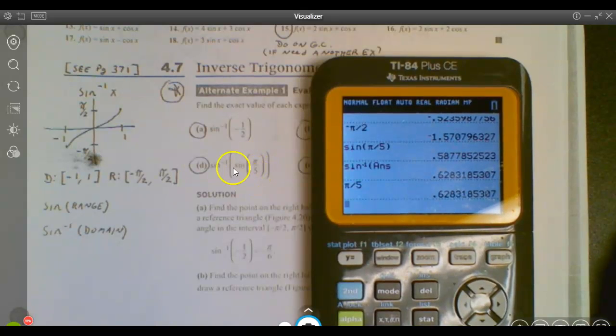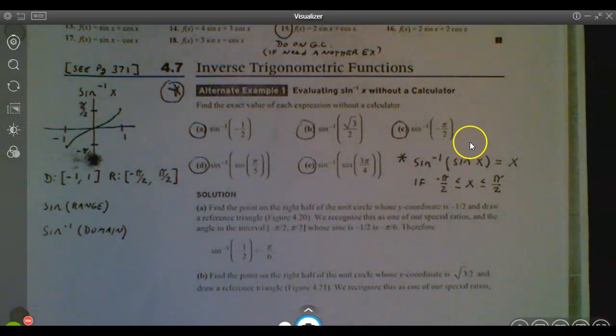So why did it do that? Well, these are opposites of each other, right? The inverse sine of sine would just be this guy. As we just saw, we went through that process, and it put us right back to where we started at pi over 5. So here's a rule that we're looking at today. The inverse sine of the sine of x is simply x.